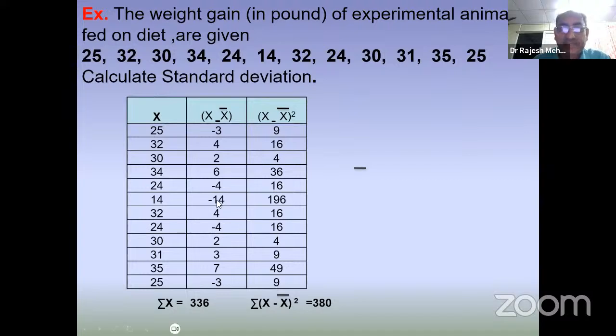This is an example, right? You find out the differences, you find out the mean, and then make a square of it, and then you go for the mean.